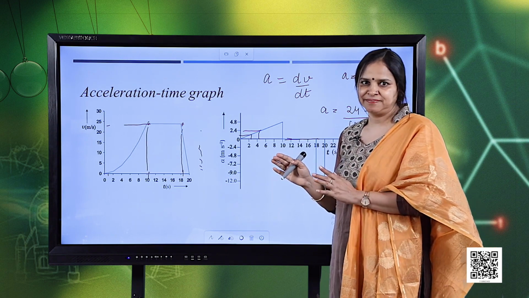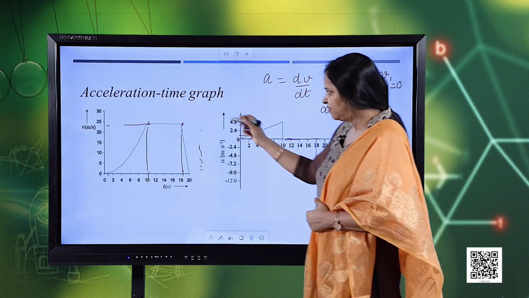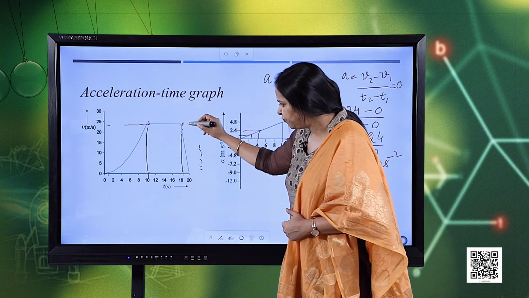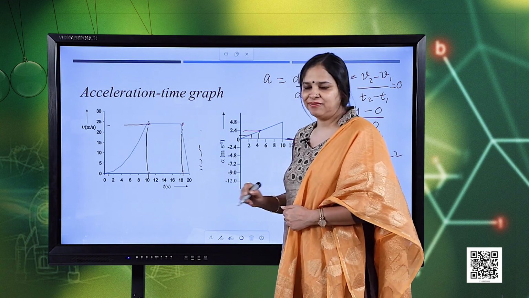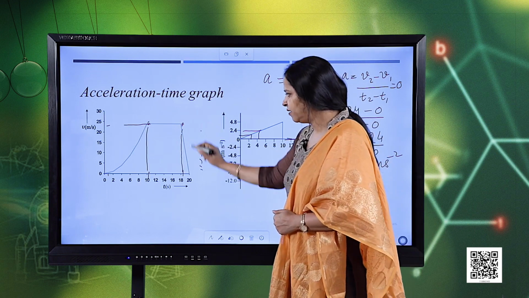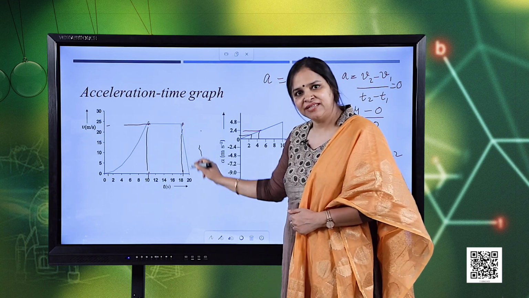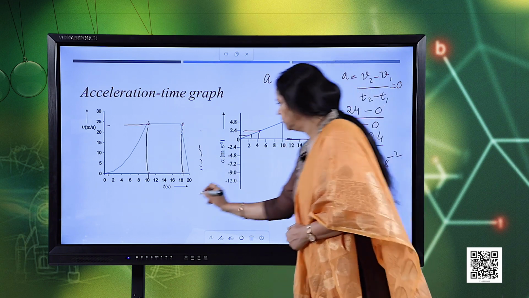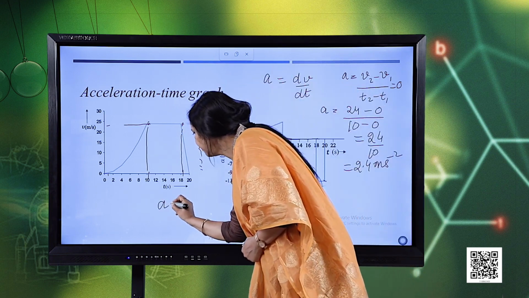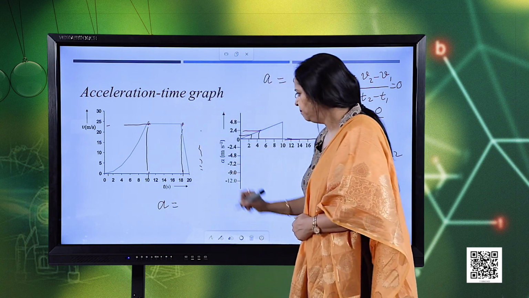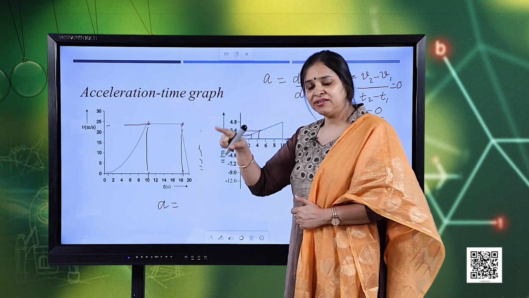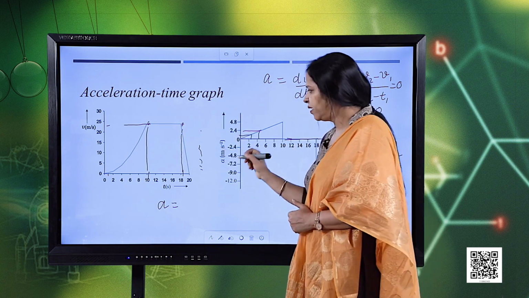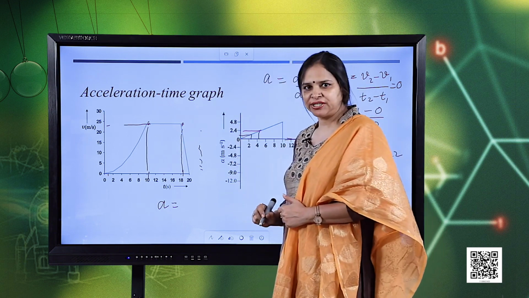Now, look at this plot between t is equal to 18 to t is equal to 20 second. What do we observe? Let us find out the average acceleration in this duration. It is again v2 minus v1, that is, the final velocity minus the initial velocity. What is the final velocity in this duration?